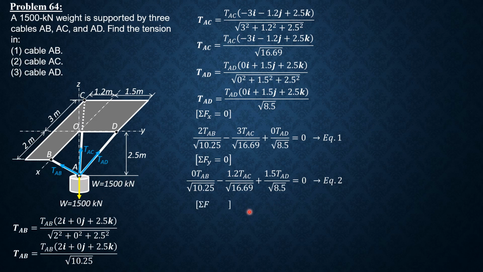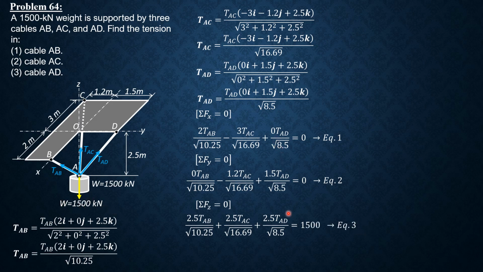So finally, summation forces along Z equals 0. So we have 2.5 TAB over square root of 10.25 plus 2.5 over square root of 16.69 tension AC plus 2.5 tension AD over square root of 8.5 equals 1,500. So that's equation 3.